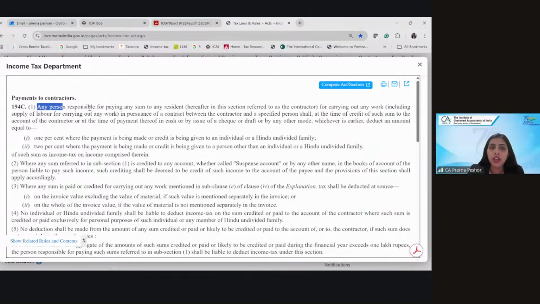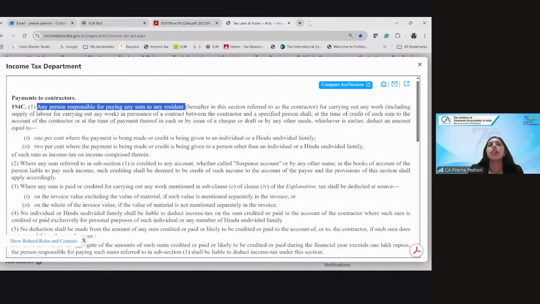Any person responsible for paying any sum to any resident. So here the payee is only going to be a resident, because it is specifically mentioned in that aspect.